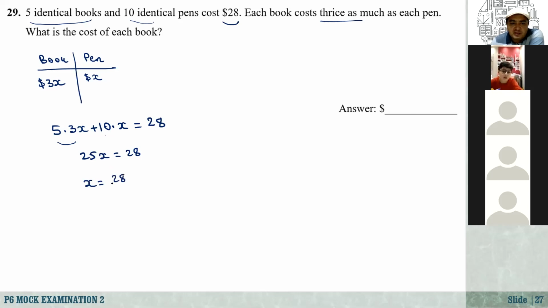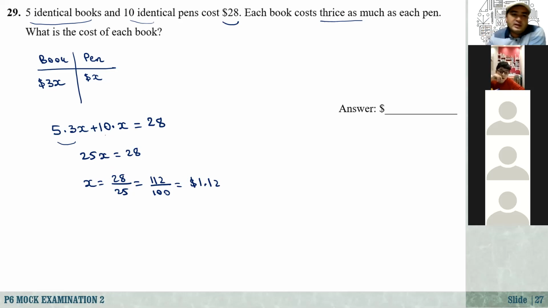That's equal to 28 over 25. If you multiply by 4, 4 times 28 is 112 over 100, that's equal to 1.12. It is the price of one pen, right?